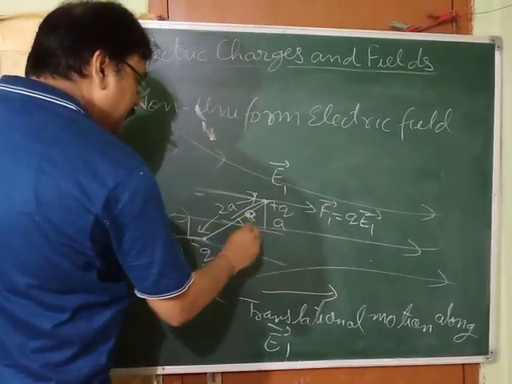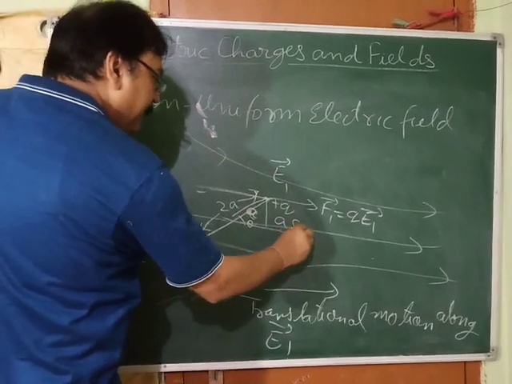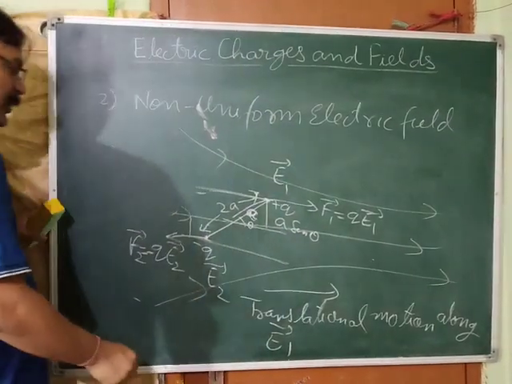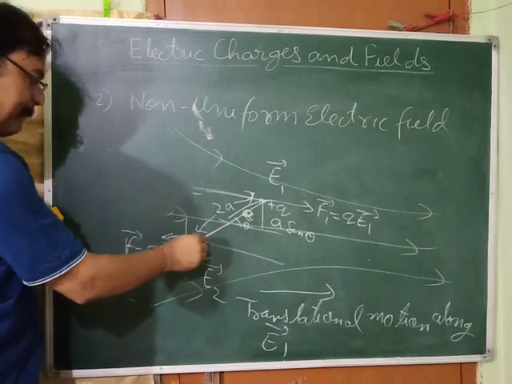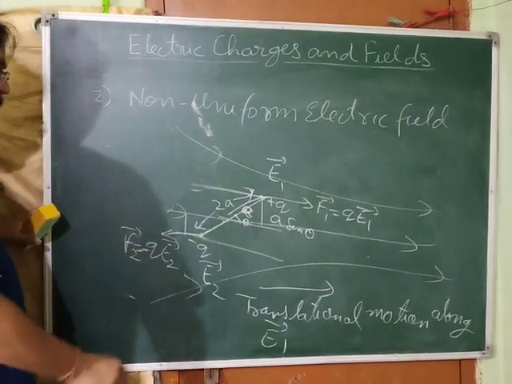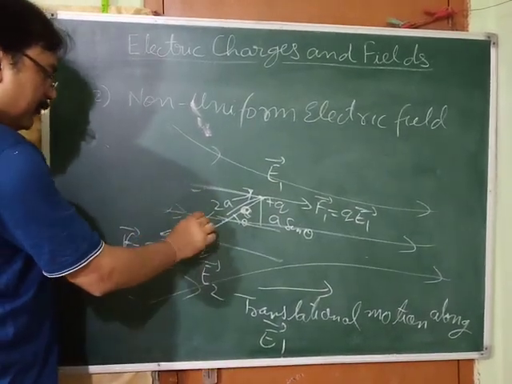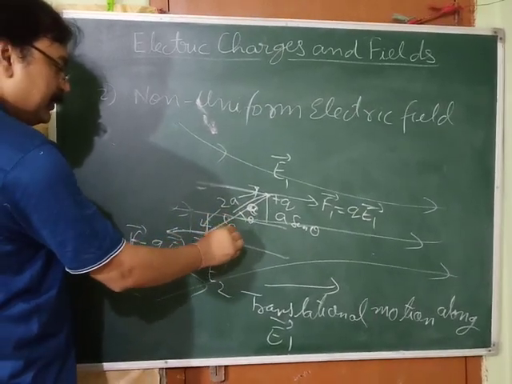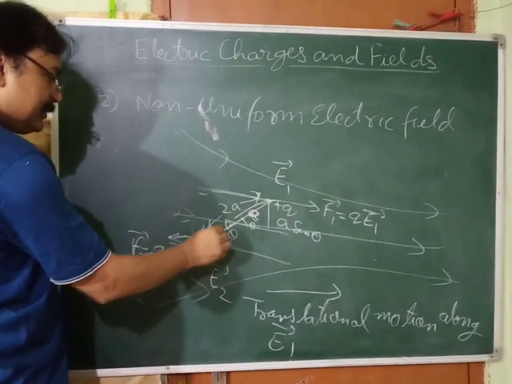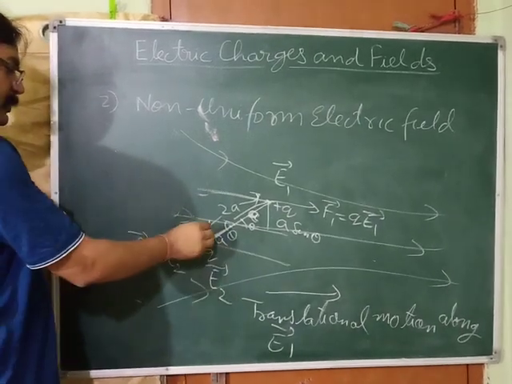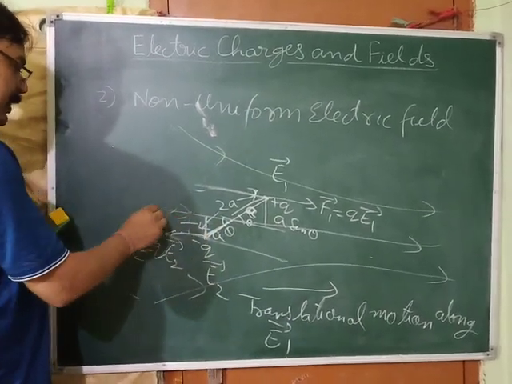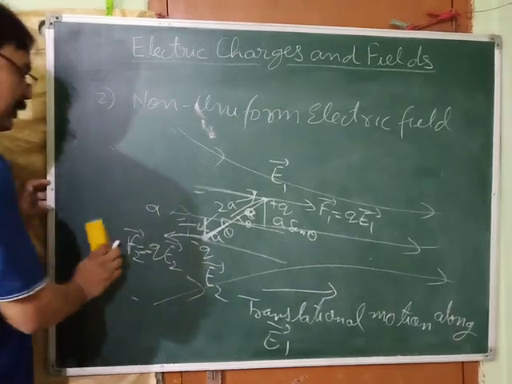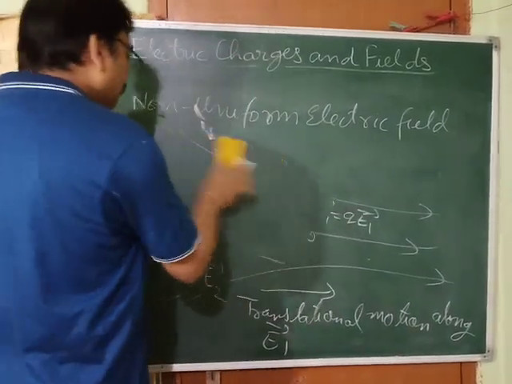If this is theta, this is a, this is a sin theta. Okay, this is also a. And now if you draw a perpendicular over here, this is theta, so this is also theta, and this length is a. So this is going to be how much? This is going to be again a sin theta. I will redraw it again, so that it will be clear for you.